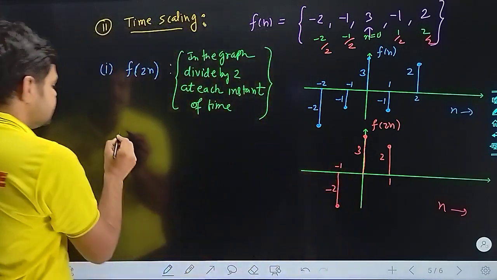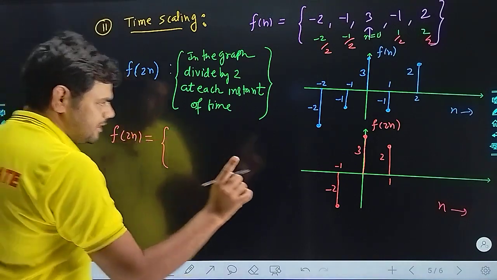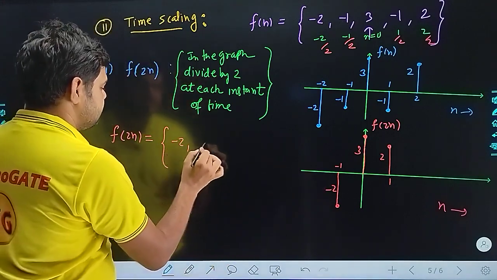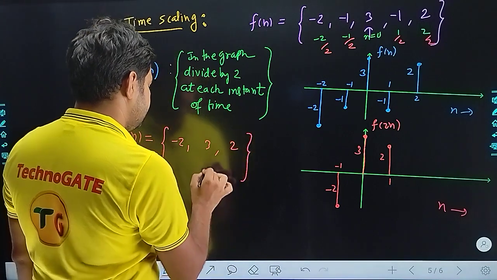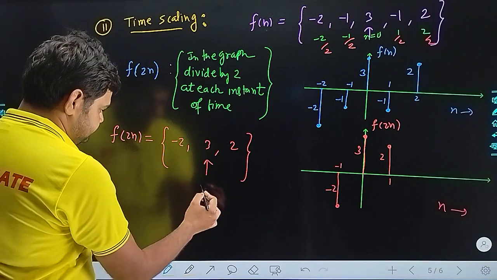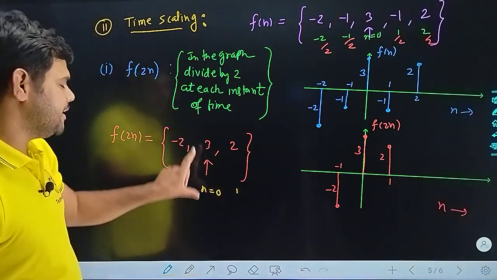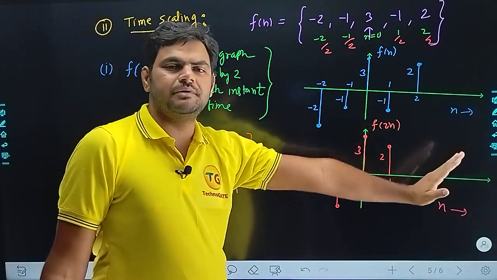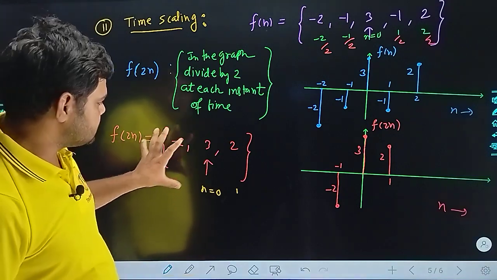So the signal f of 2n has only 3 samples, minus 2, 3, 2, and here I have represented the index. Right side of it 1, 2, 3 possible values will be defined, and left side minus 1, minus 2, minus 3 will be defined.